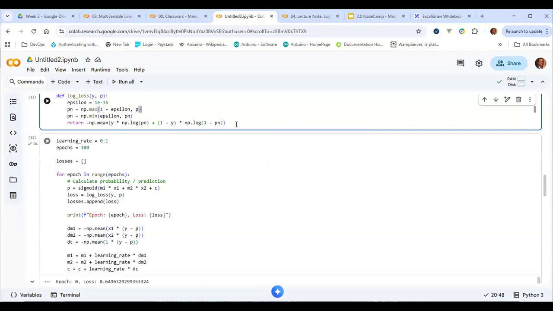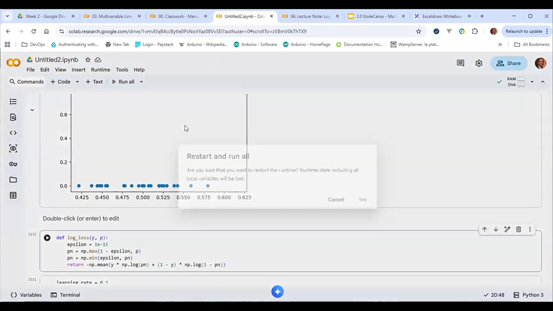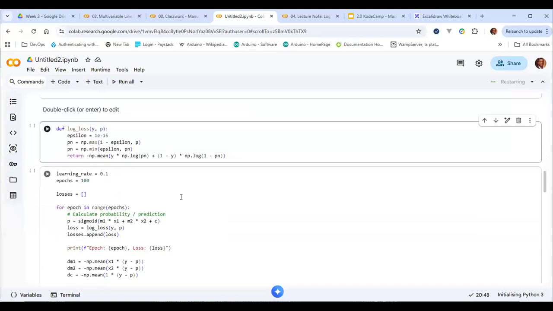The loss is actually not coming close, so there's a different problem here.